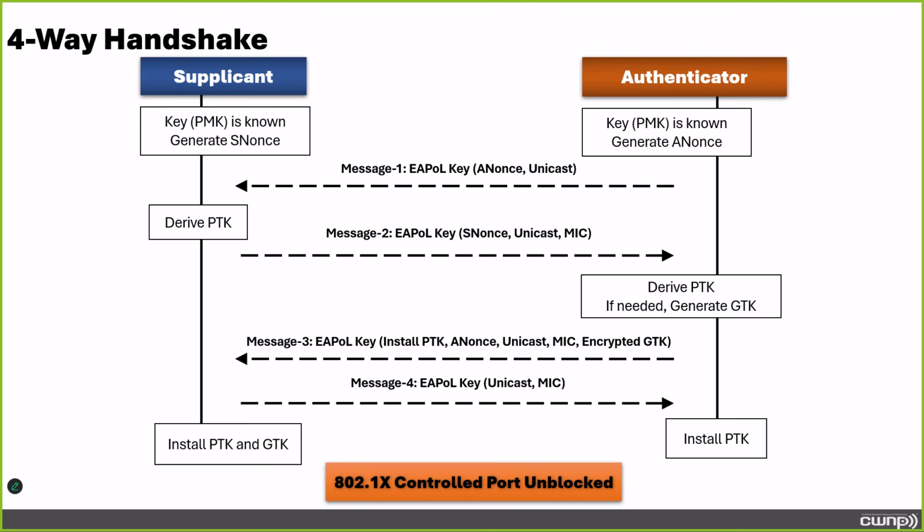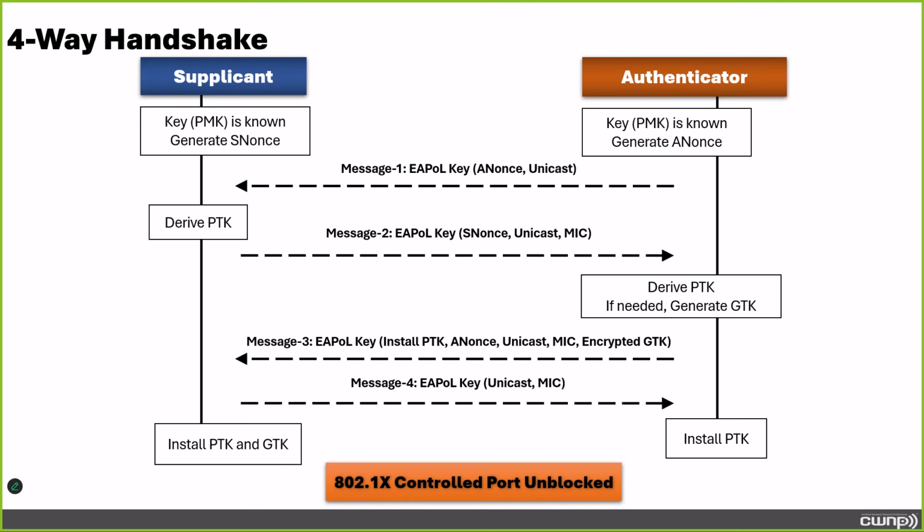So depending on what you're using for your AKM, are you using SAE? You're going to do the SAE handshake and then this. If you're using 802.1x, you're going to use the 802.1x EAP authentication and then this. If you're using WPA2 PSK, well, you just start with the PSK and then this.